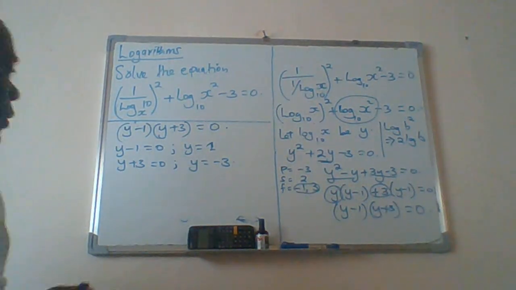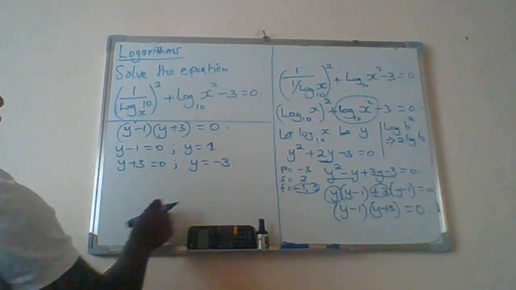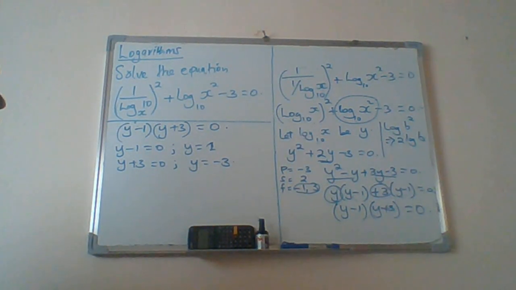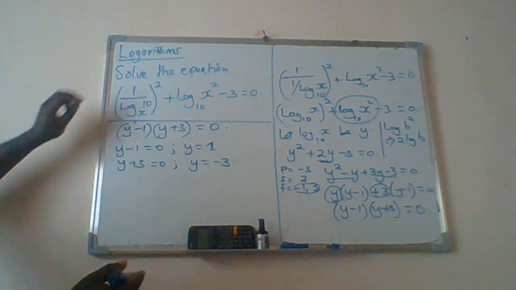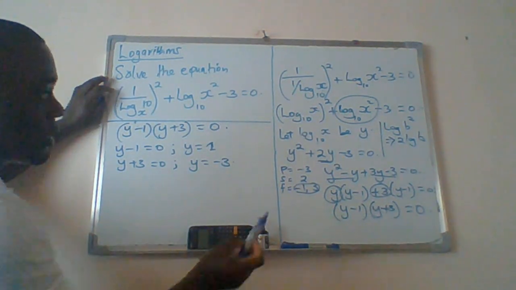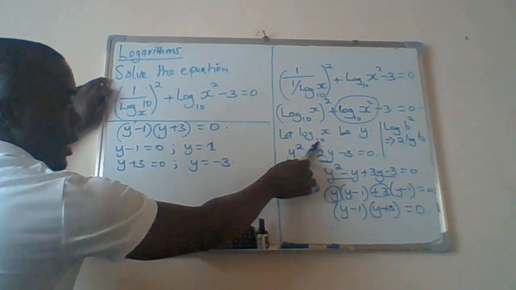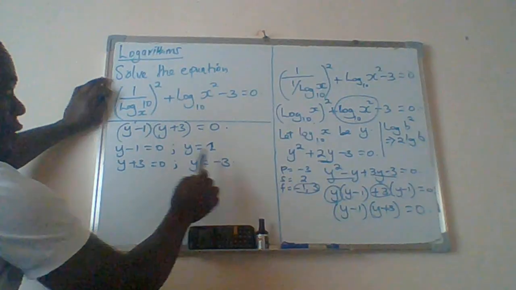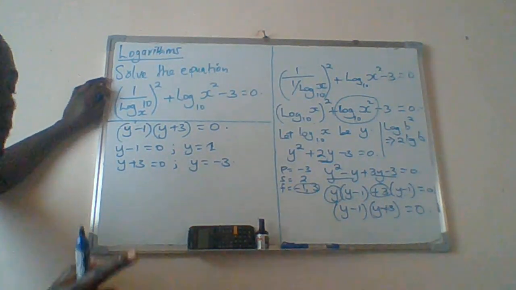But remember, the question was not testing you so that you will find the values of y. What you are looking for is the value of x. So remember, we had written that log x to base 10 will be your y. Let us equate this back to the two values which we have obtained so that we get the values of x.